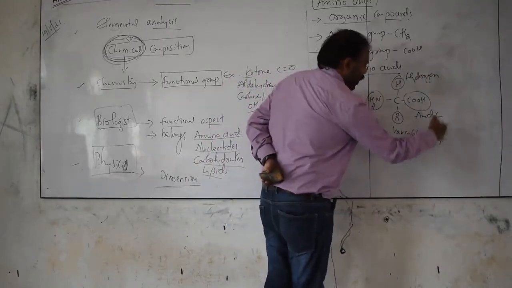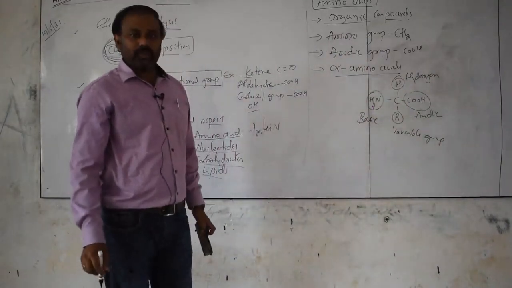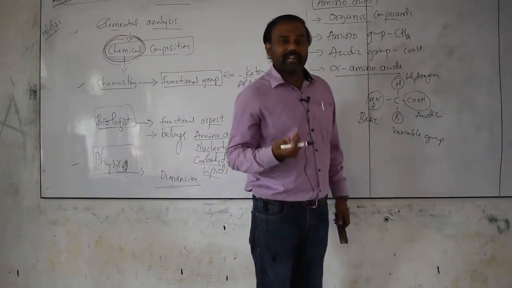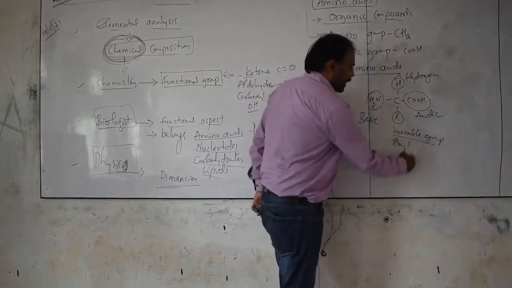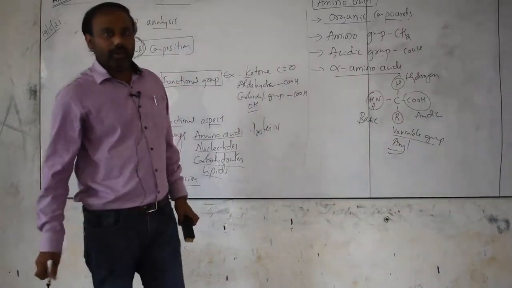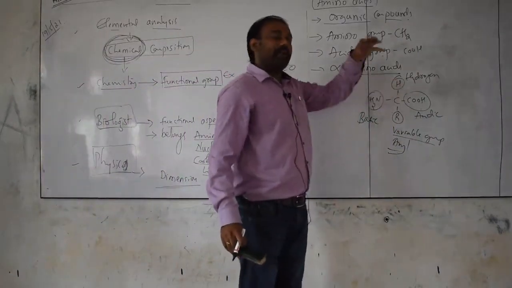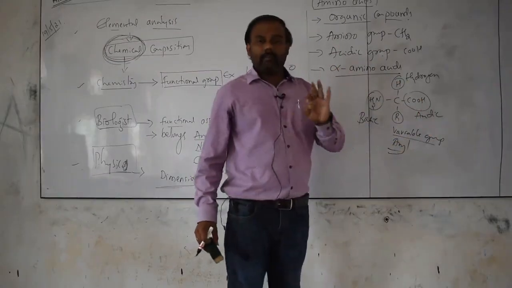The word variable group refers to the fact that it can often change. Hence it is called the variable group, or we can call it the aryl group. R is also called the aryl group. I mean to say that I should not call it by any particular amino acid, so simply consider it a typical amino acid.